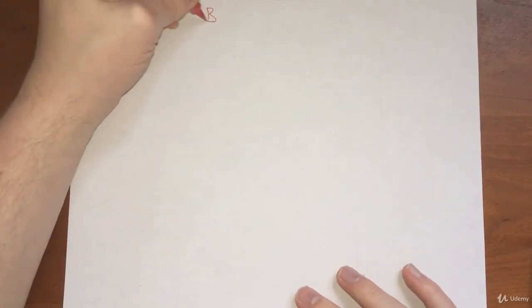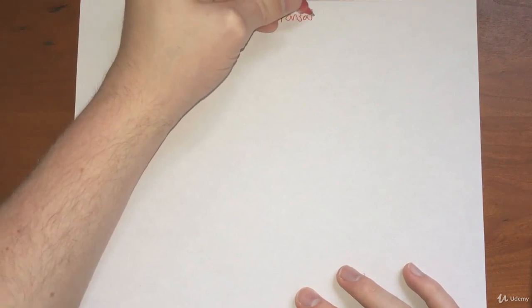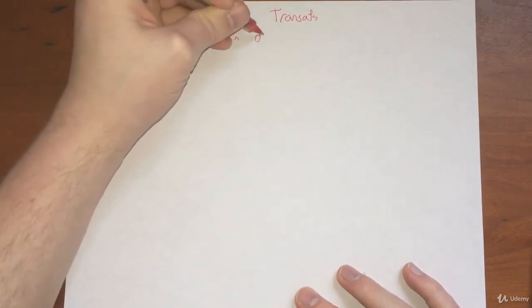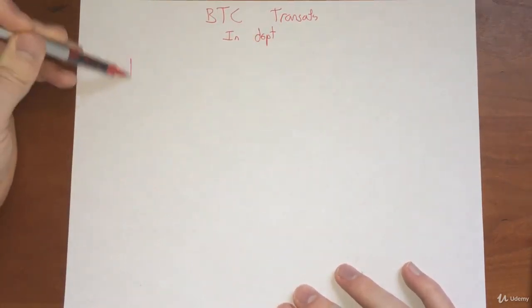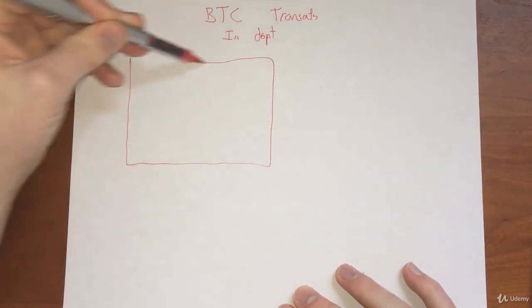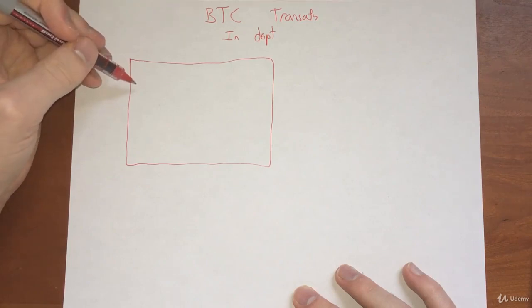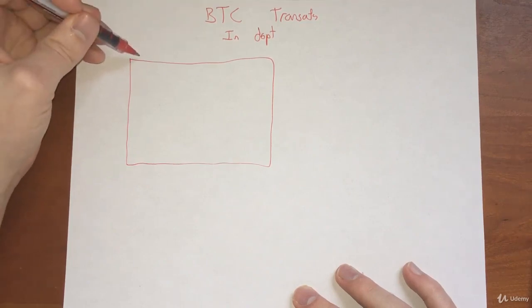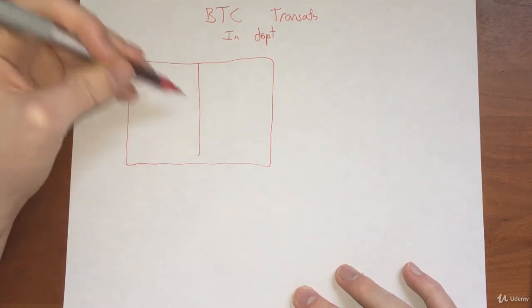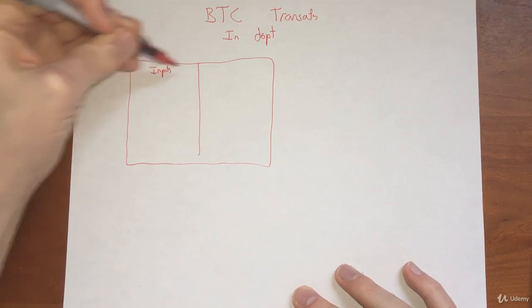Now we're going to go a little bit more in depth on transactions. So what does a transaction actually look like? You have inputs and outputs.